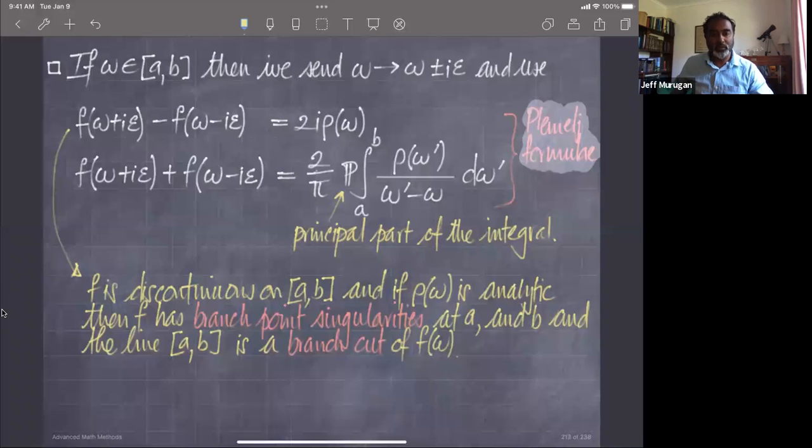Okay, so that's the content of the first equation.